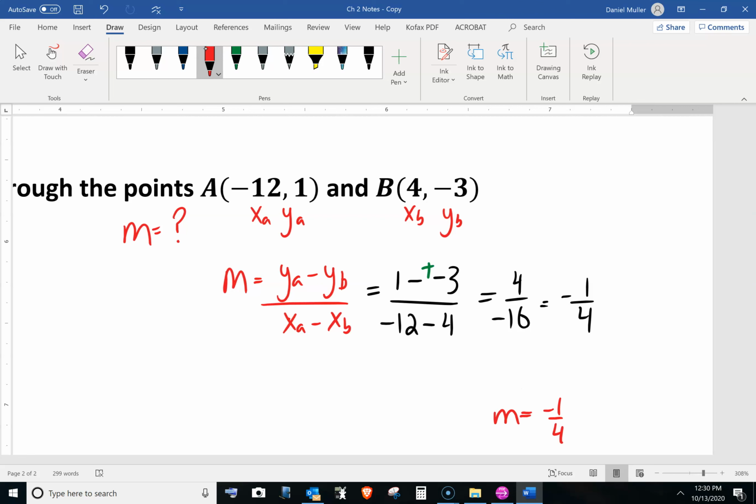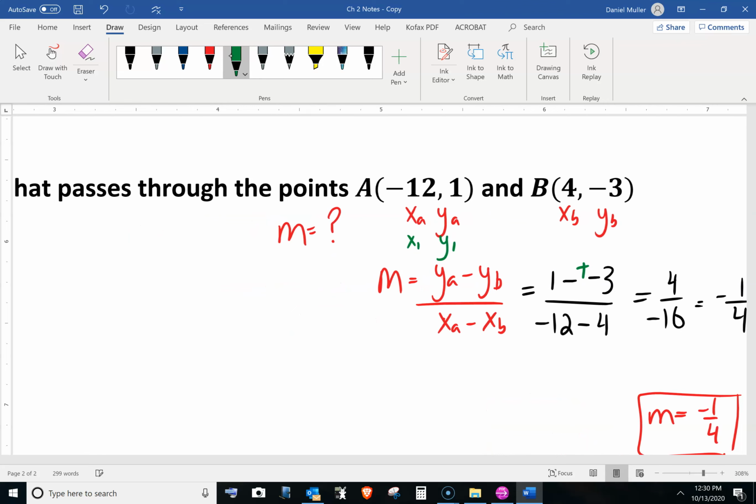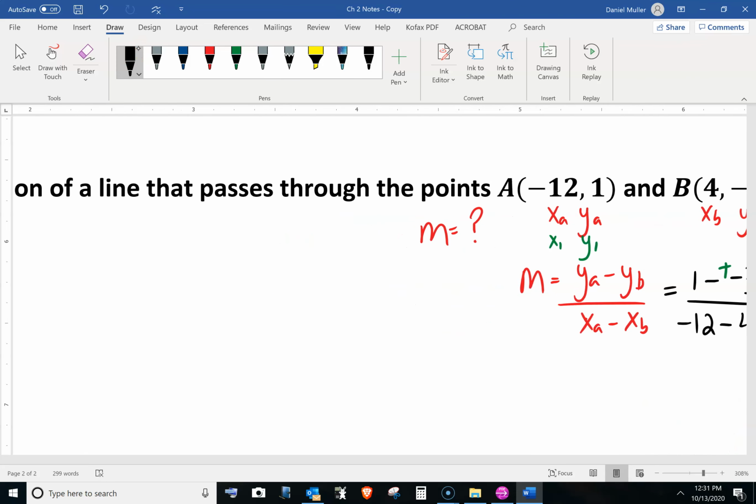We had to do all of that work because that was not given to us like it was in the first question. Now that we have our slope, we need a point, and just for the heck of it, I'm going to choose the first one, to call that x1 and call that y1. So the formula is y minus y1 equals m bracket x minus x1.